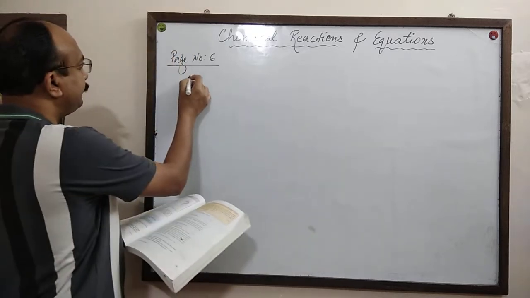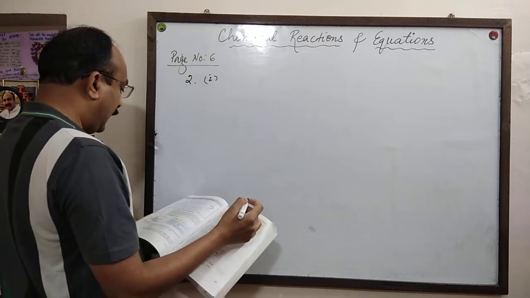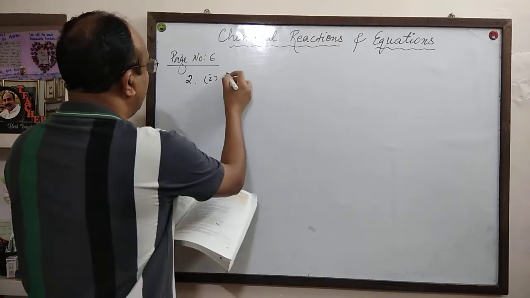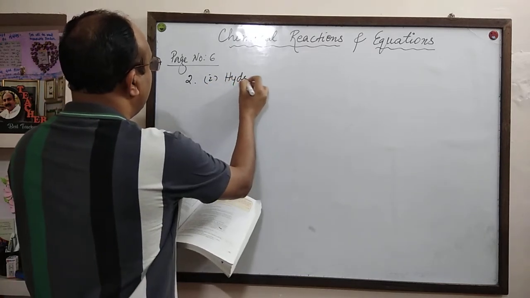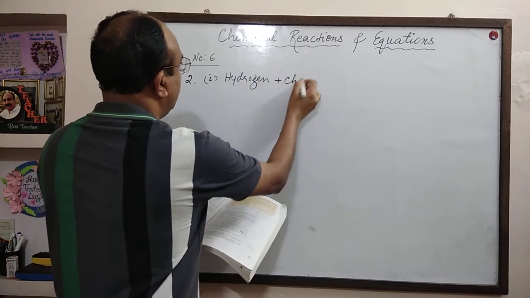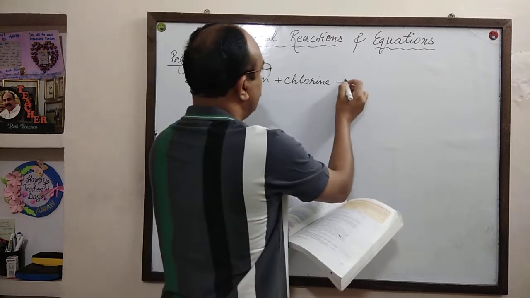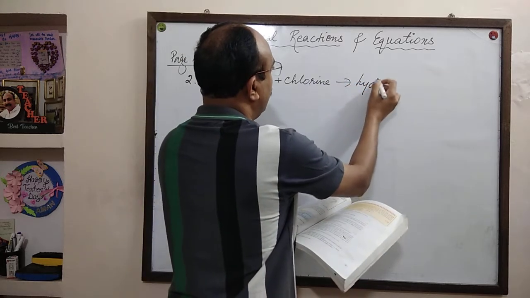First one, question number 2, first part. Hydrogen plus chlorine gives hydrogen chloride.